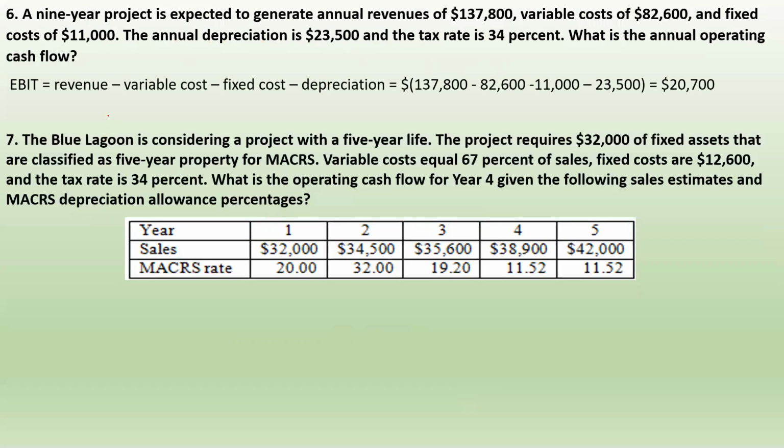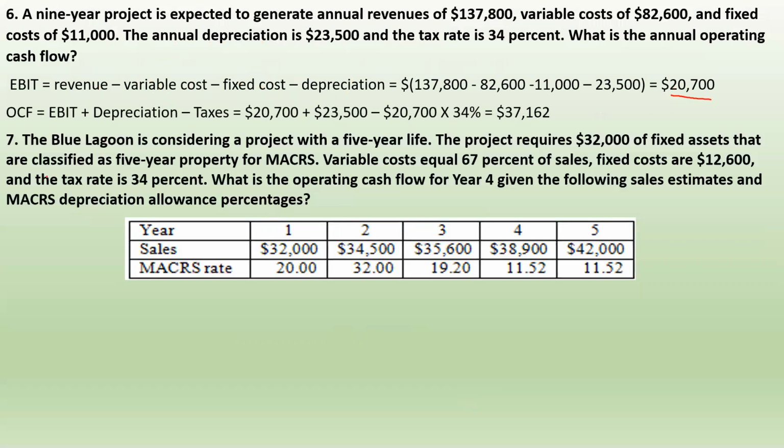So earnings before interest and taxes equals revenue minus variable cost minus fixed cost minus depreciation. We get this number. And operating cash flow equals earnings before interest and tax, add back depreciation and minus tax.